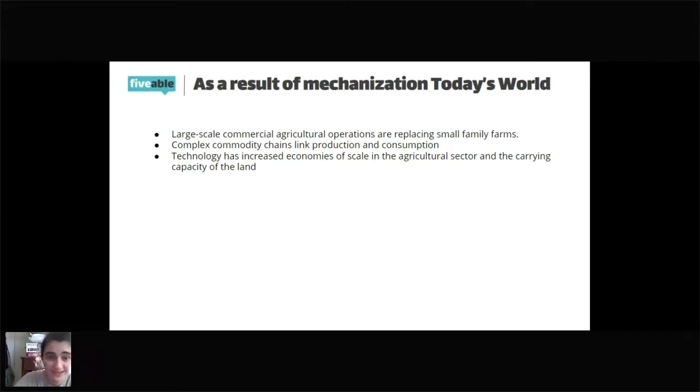Another result of the mechanization is the complex commodity chains that link production and consumption. Do you guys know what complex commodity chains are? If you have not covered this unit, I don't expect you to know it, but does anybody have any idea? It's a big vocab word in that unit.